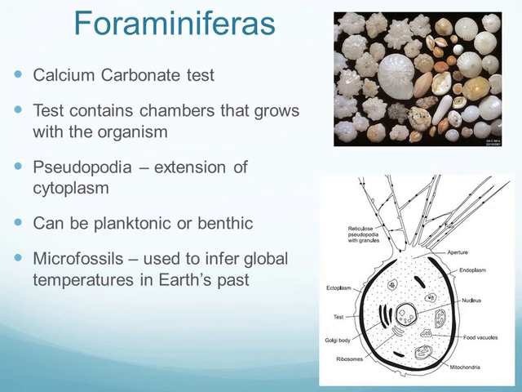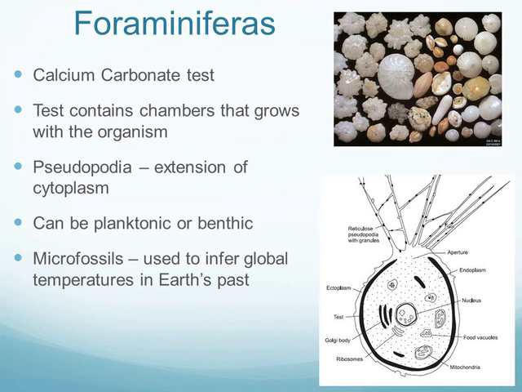For instance, if they see a lot of these microfossils within an area, then they know that conditions or temperatures were favorable because there were a lot of them. And if they don't see a lot of them within a given time period, then you can tell that the conditions were not favorable.